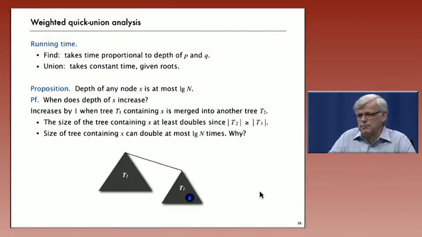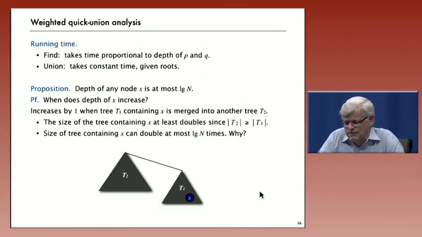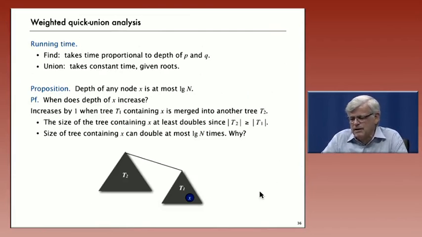So let's look at the proof of that. We do some mathematical proofs in this course when they're critical, such as this one. And why is it true that the depth of any node x is at most log base 2 of n? Well, the key to understanding that is to take a look at exactly when does the depth of any node increase.